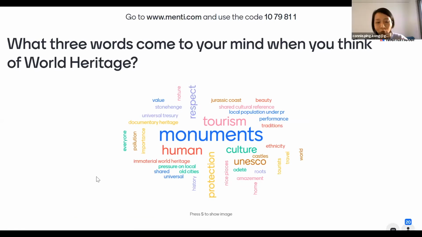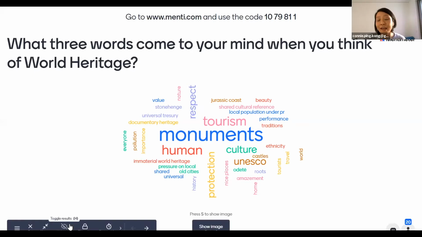More coming? Okay. I think that really indicates something I want to share with you. World Heritage represents a diversity of different types of heritage. I can see that most of us are from the culture sector. So we mentioned lots of very important cultural sites, and history, crafts, castles, monuments.